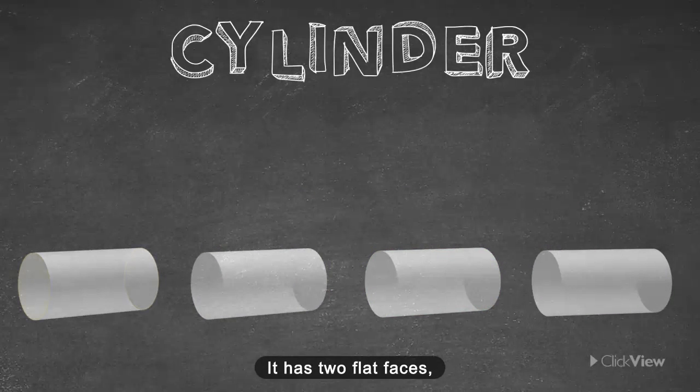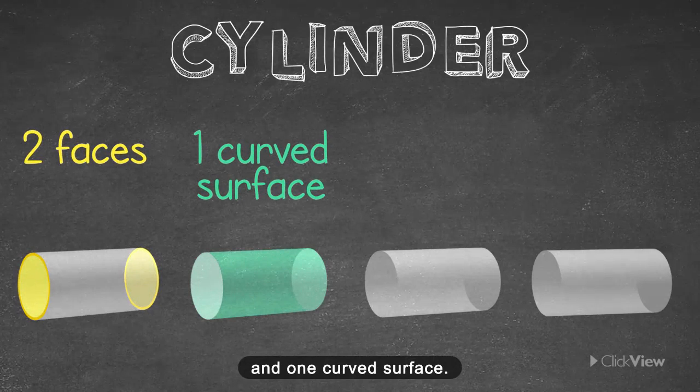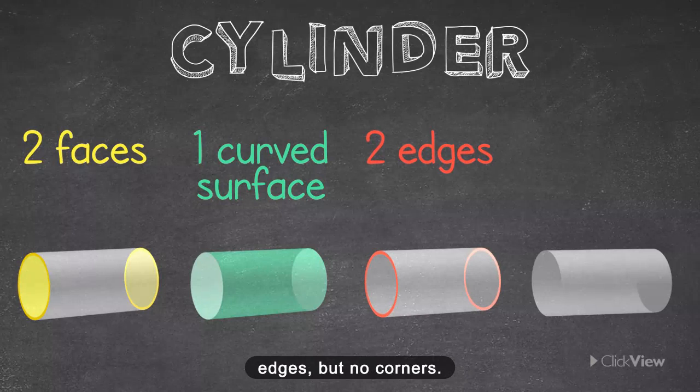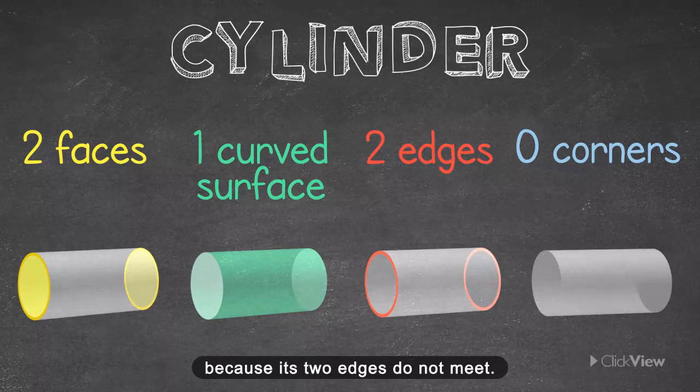It has 2 flat faces and 1 curved surface. The cylinder also has 2 edges, but no corners. Remember, a corner is where 2 or more edges meet. In a cylinder, there are no corners because its 2 edges do not meet.